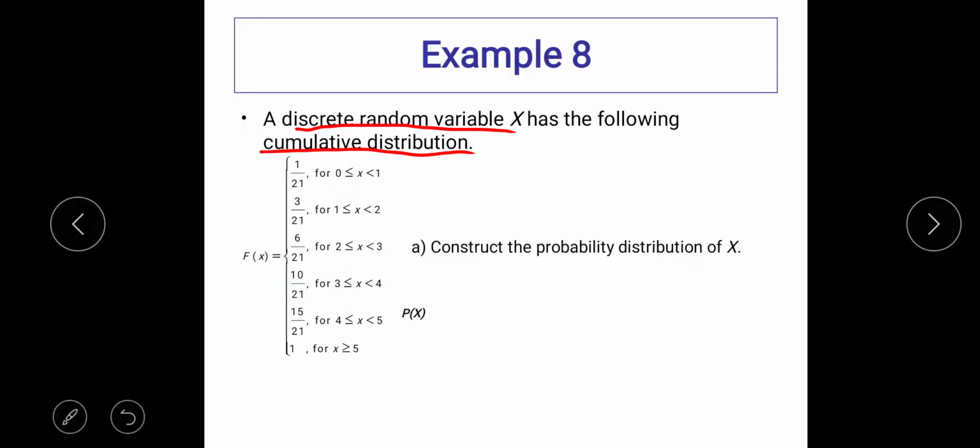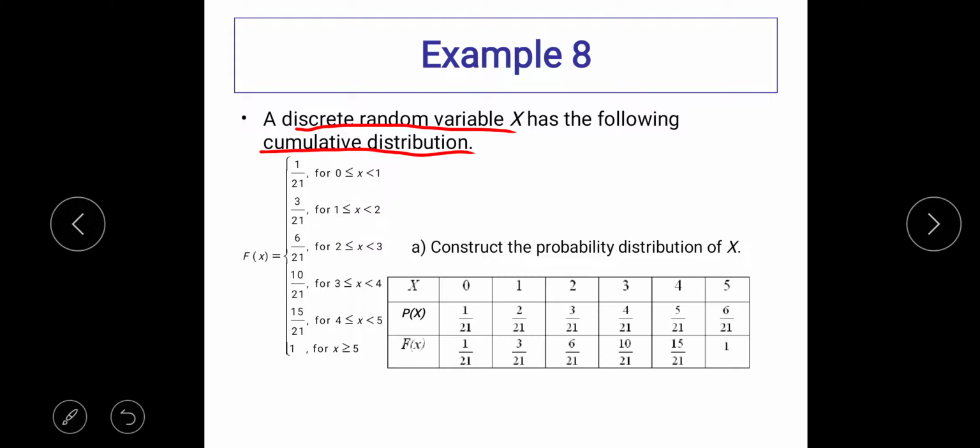Alright, so of course we have the x values 0, 1, 2, 3, 4 and 5. And the lowest row here is referring to your cumulative probabilities. So you're basically substituting all the given values into the final row here.